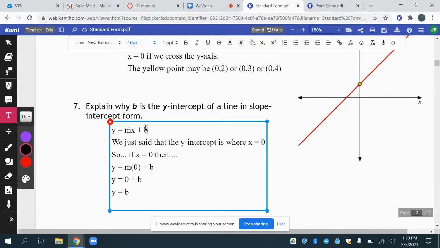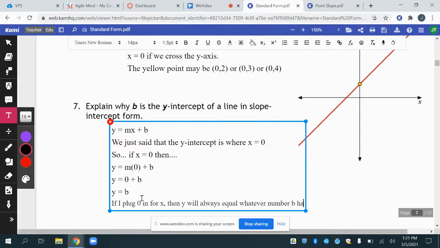In other words, if I plug 0 in for x, then y will always equal whatever number b happens to be.